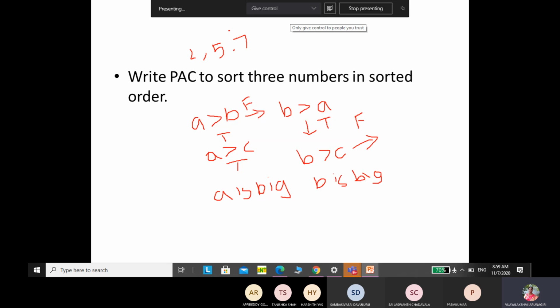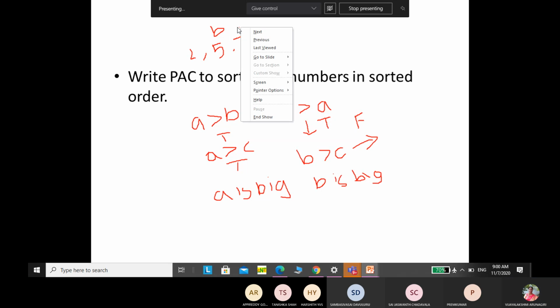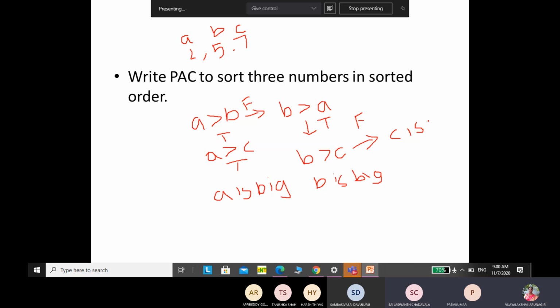Then I am checking B and C: whether B is greater than C. B is 5 and C is 7. It is not true. That means C is big. So here I am telling C is big. Understand the logic? Yes, ma'am.